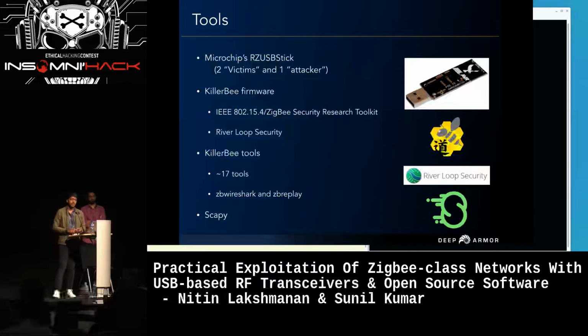It is one of the 802.15.4 exploiting and exploration tools. Along with that, we have 17 tools in KillerBee. In that, we are going to use zigbee-wireshark and zigbee-replay. And we will be using Scapy. It's a network packet creator, manipulator, everything. Thanks to all the developers of these tools, which was very helpful in developing this and studying about these protocols.